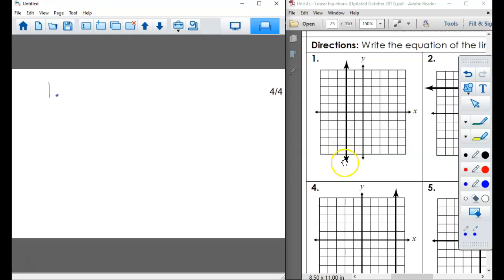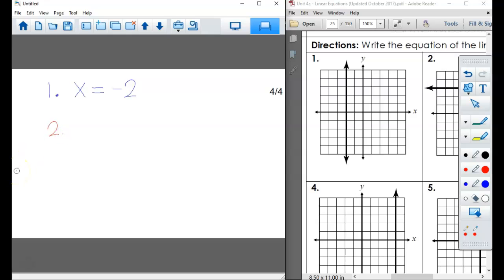So because this line crosses the x-axis, it is going to be an x equals equation. Now, the only other thing I need to know is where does it cross the x-axis? Well, starting from the origin, I'm going to the left 2. So it is crossing the x-axis at -2. So x equals -2 will be the equation for that line.